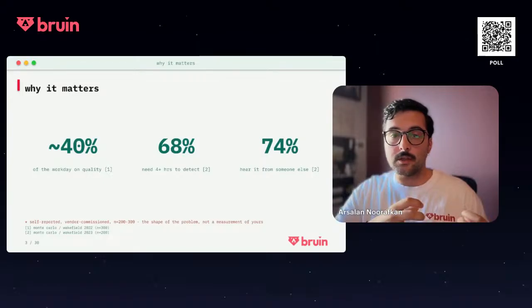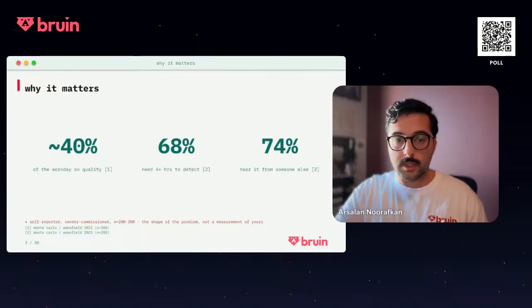And this is taking a lot of time away from data engineers and analytics engineers, not really allowing them to do the work that they want to do. I've been there. For anyone that's been there, you know that you have more important priorities going on, and then someone reports an issue, and you spend most of your day fixing that problem. Within the survey, 74% of people said that they heard about the data problems from someone else.